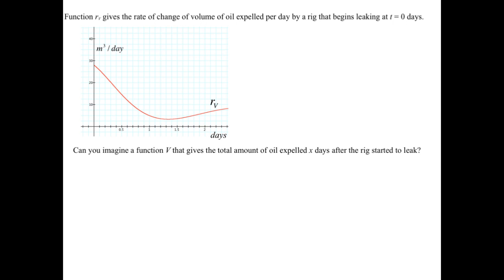So let's just imagine, could you imagine the function v that gives the total amount of expelled oil x days after the rig started to leak? So now the net accumulation and the total accumulation would be the same, right? Because at time 0, there was nothing. So the distinction we made before, now these two would be the same.